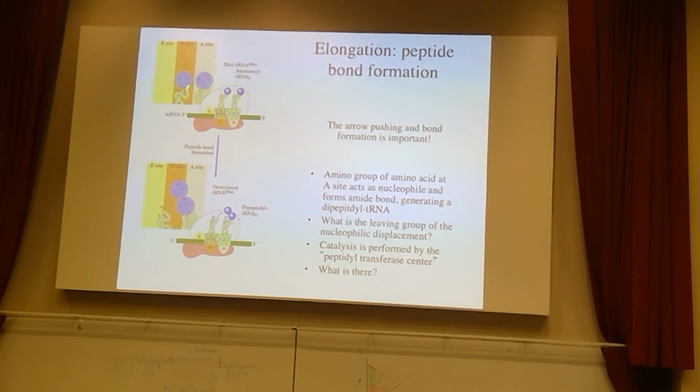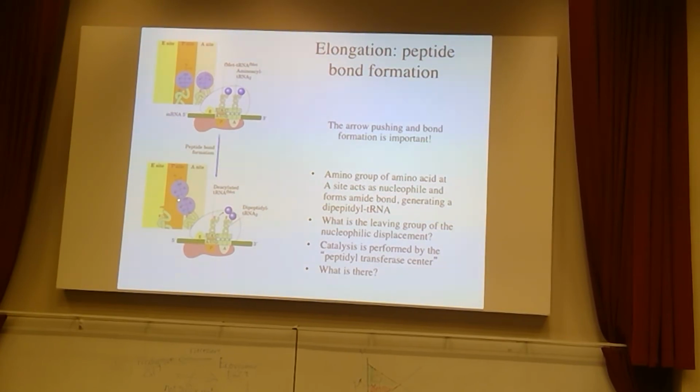When that nucleophilic attack happens, we make our amide bond and we grow that polypeptide chain by one amino acid. And this shows that product. So what is the leaving group of that nucleophilic displacement? Just simple organic chemistry. Nucleophilic attack, we make a bond, there's a leaving group. What's the leaving group?